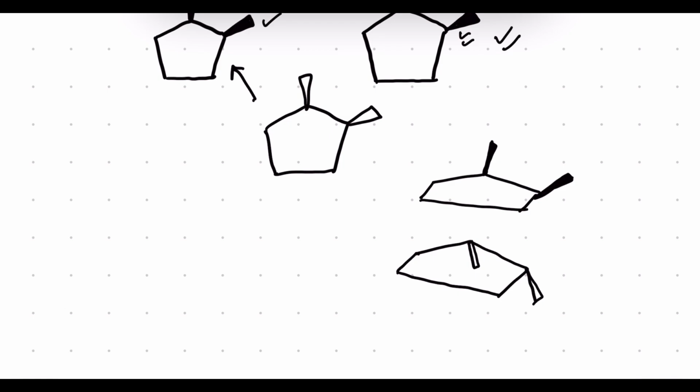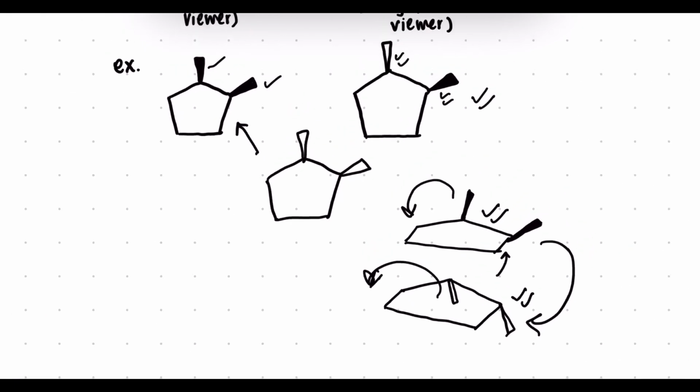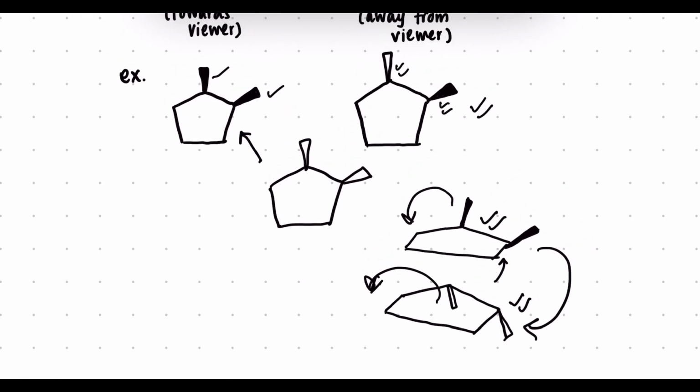So, if you flip this compound over by 180 degrees, you would get this compound. And similarly, if you flip this compound over by 180 degrees, you would get this compound. So, basically, if you get 2 of these down, all the other possibilities are somewhat identical to the first 2.